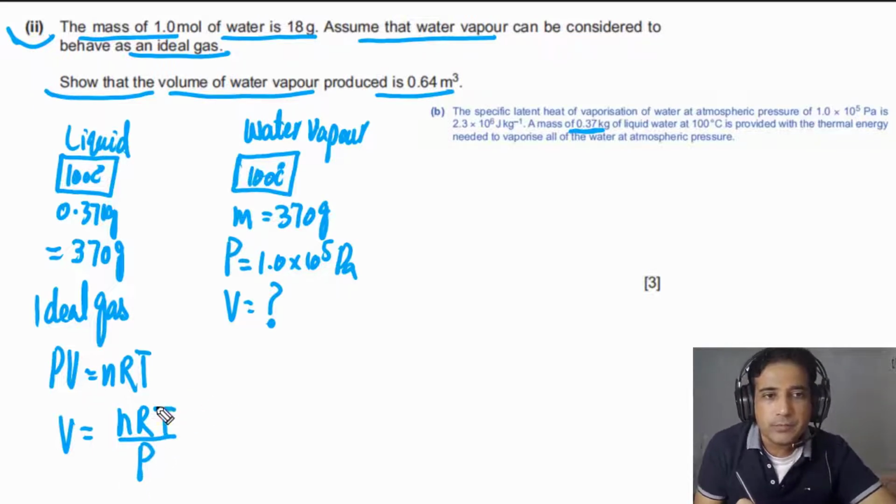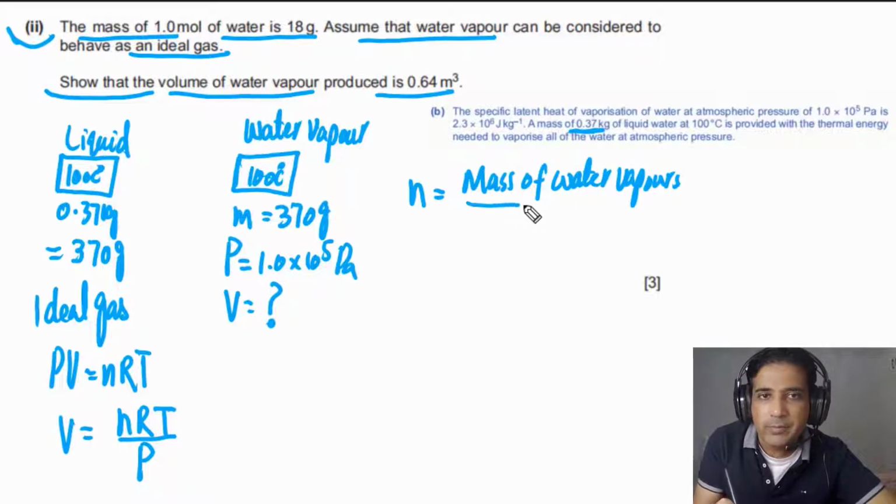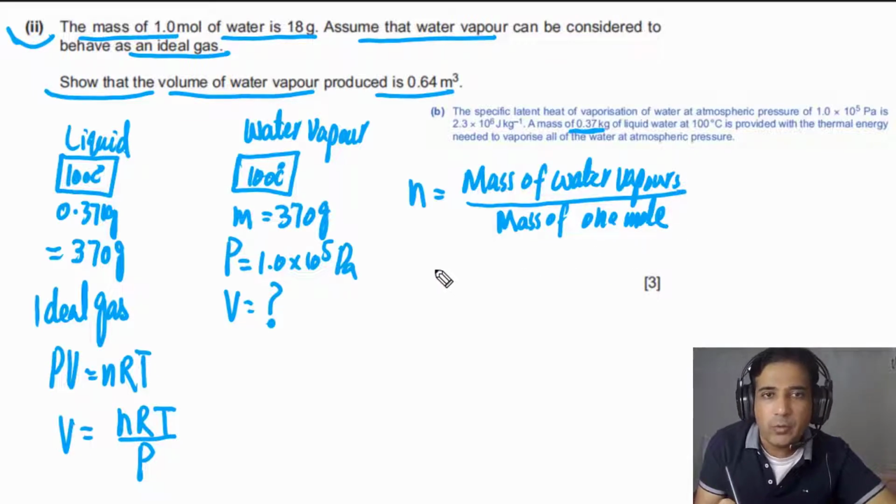For this question, we have the value of T, we have the value of P, but we don't have the value of n. So first of all, let's try to find out the value of n. n is equal to mass of water vapors, means the total mass, divided by the mass of 1 mole of water vapors.